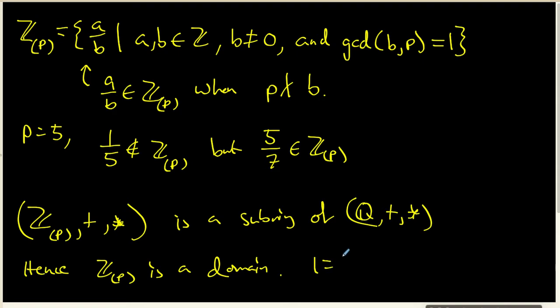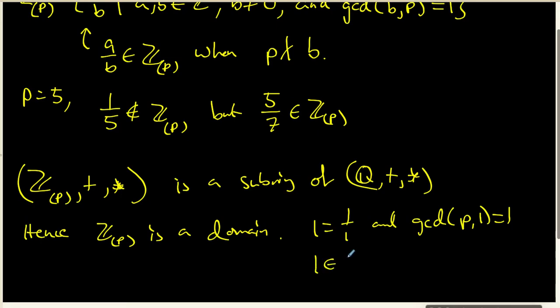And since 1 can be written as 1 over 1, and the GCD of p and 1 is equal to 1, that says 1 does belong to this particular localized ring, and that's enough to say that the localized ring is an integral domain.